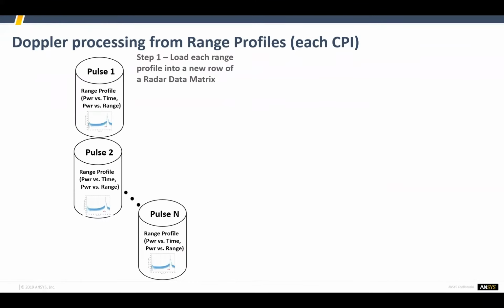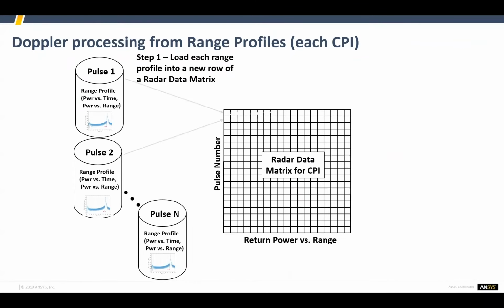So we do a little bit more Doppler processing from our range profiles, right? So pulse 1, we've already discussed that in the previous slide. Then we have a second pulse, and obviously now we're going to have lots and lots of pulses up to pulse N. And all of these pulses are inserted into the range profile of a radar data matrix.